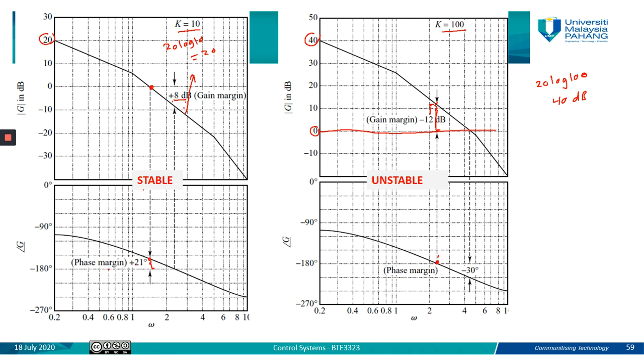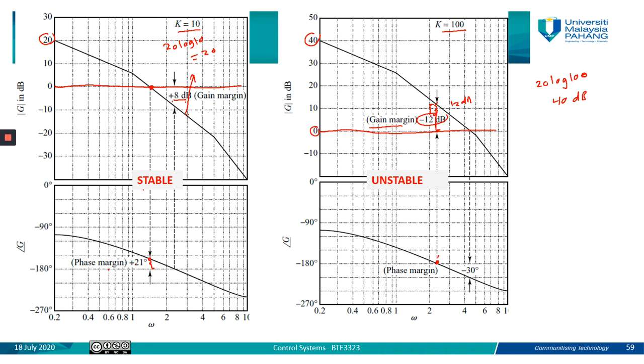But here it was on the bottom of the 0 dB line. So if we calculate the value here, the value is 12 dB, but based on the formula it will be the negative of the log magnitude, so it will be negative 12 dB. So in this case the gain margin is negative.